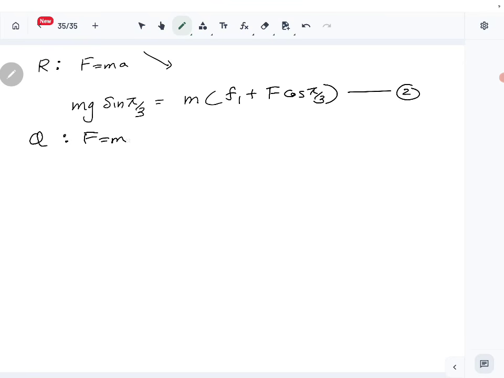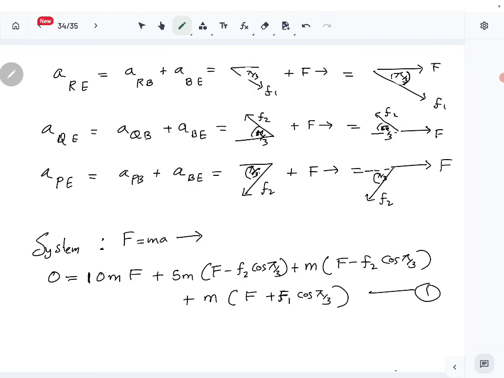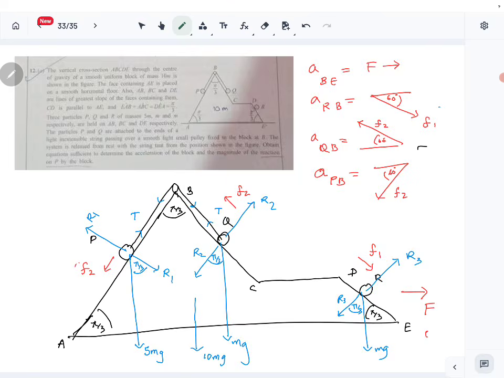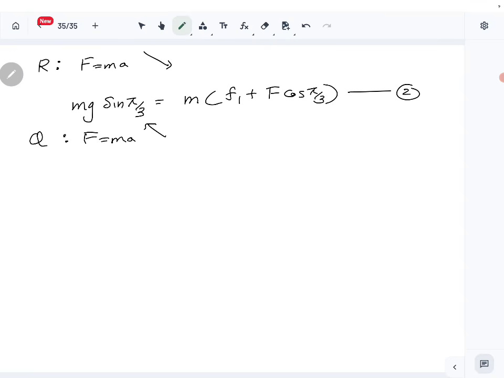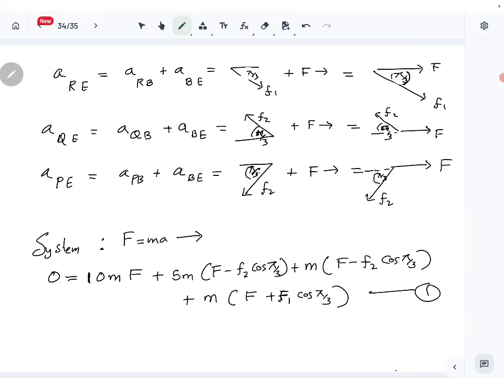Then we'll move on to particle Q. F equals ma along the plane up. So what are the forces on particle Q? Tension up, weight component down, mg sine pi over 3 down. So T minus mg sine pi over 3 equal to m times acceleration along the plane.